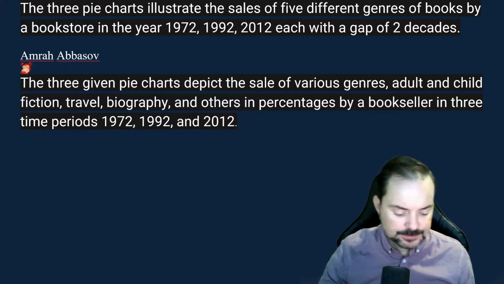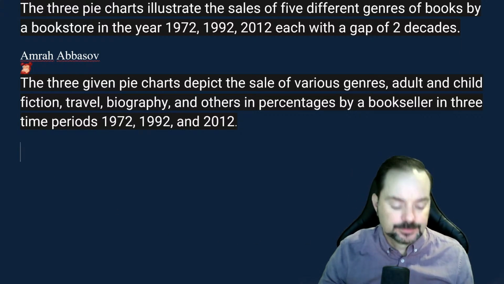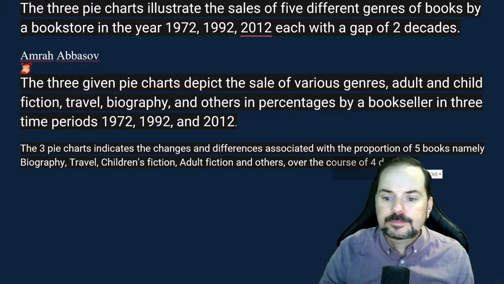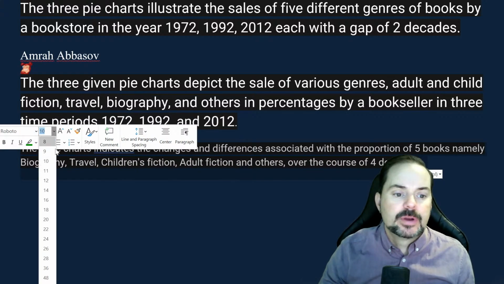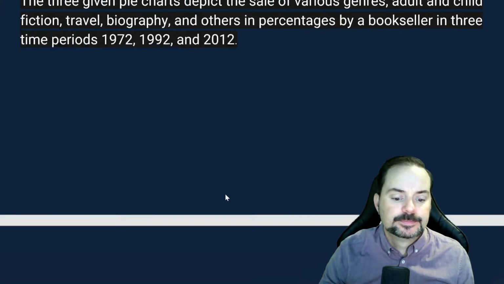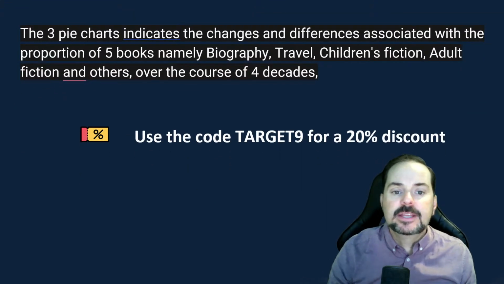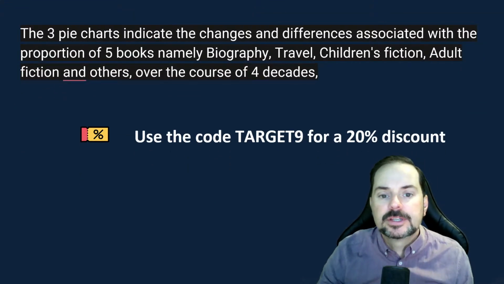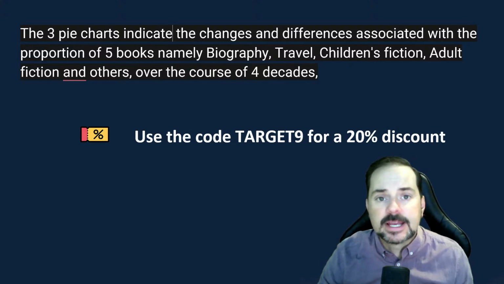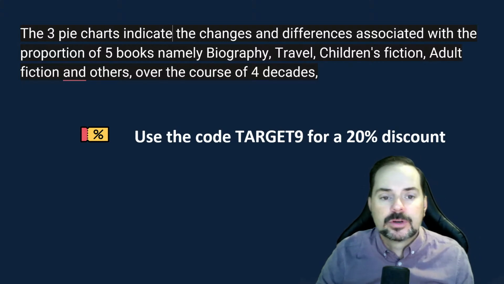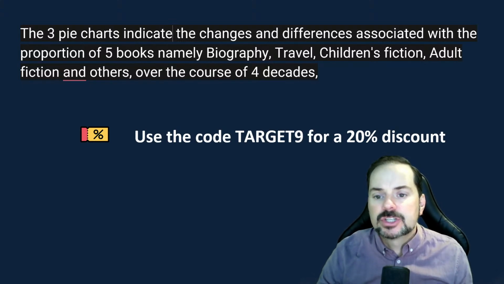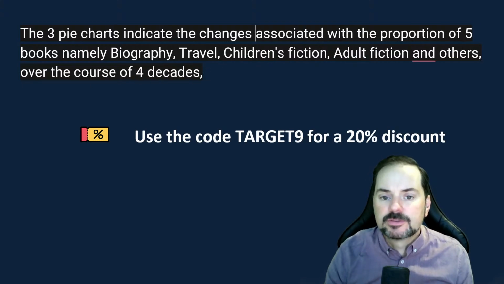You always want to practice being concise, okay? All right. Sanjay. Sanjay writes, the 3 pie charts indicate, because it's plural, okay, not indicates. Careful with those S's on your verbs when you're dealing with plurals. So the 3 pie charts indicate the changes and differences. We don't need the differences. It's a repetition of changes.